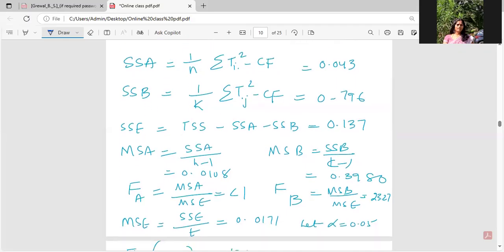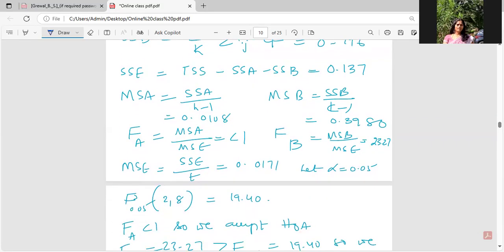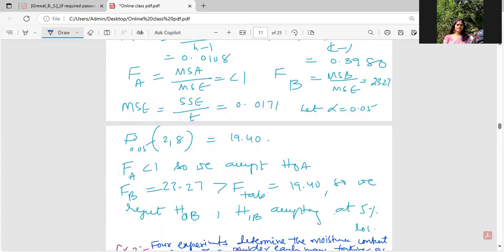And finally, I'll be calculating MSA and MSB. MSA is SSA by H minus 1, MSB is SSB by K minus 1. MSE would be SSE by H minus 1 into K minus 1. Finally, the F ratios, MSA by MSE and MSB by MSE, is what I will calculate.